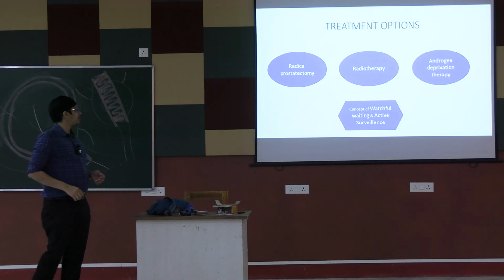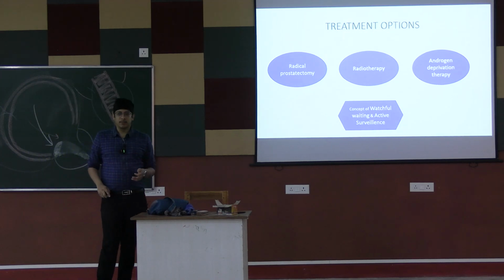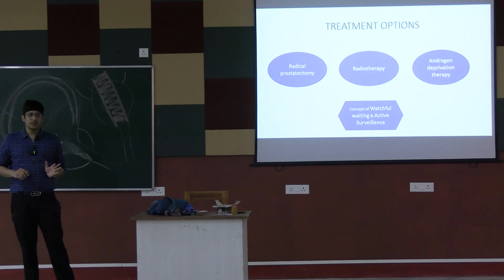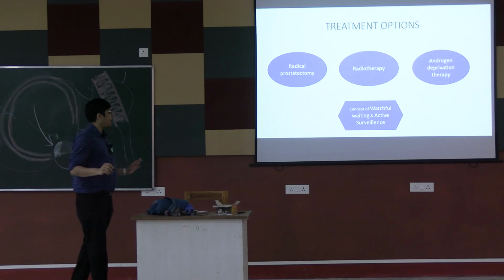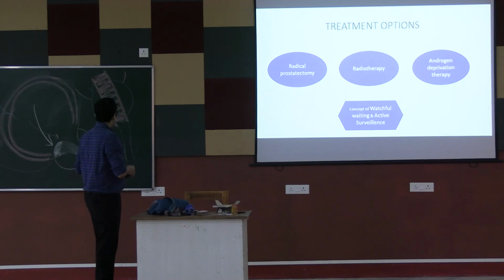And the other two options are a radical prostatectomy and radiotherapy. So, this radical prostatectomy is again another type of prostatectomy. It is totally different from the TURP or the transurethral resection that I described.